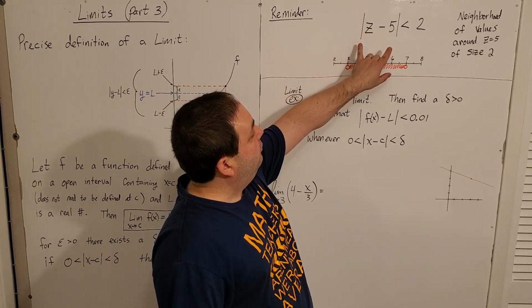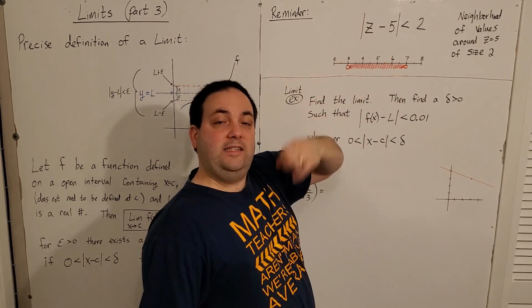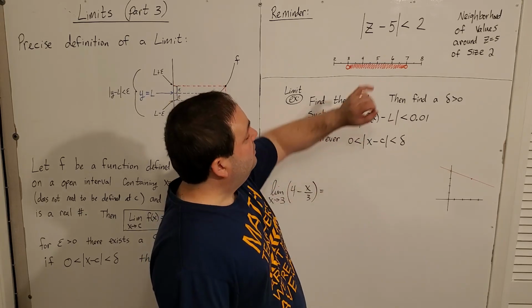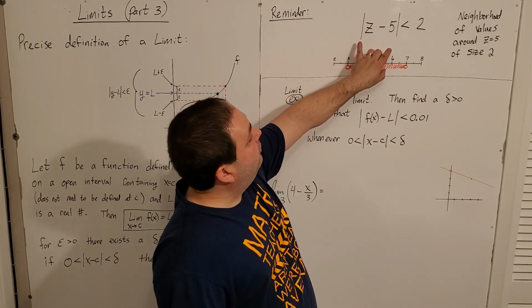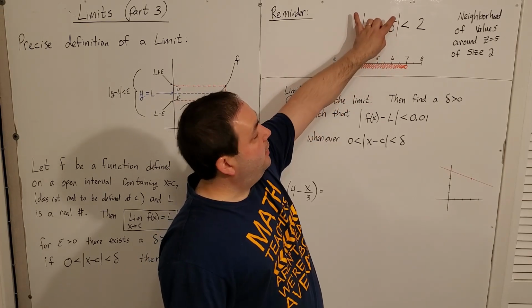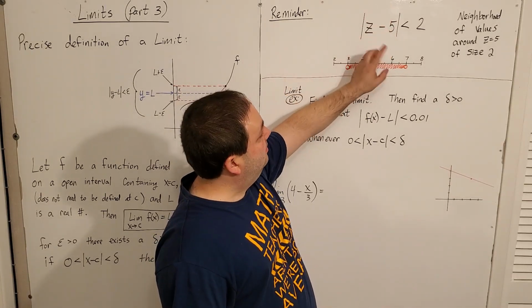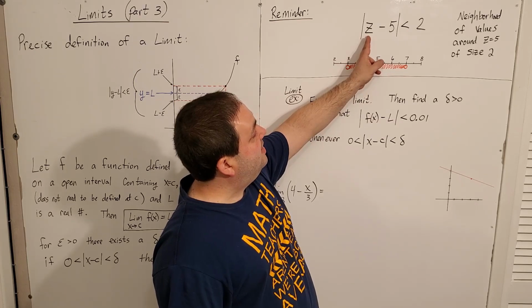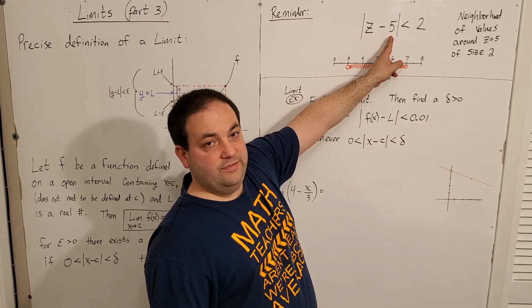An absolute value is used as a distance measurement. So if I write the absolute value of z minus 5, then I'm talking about the distance between some value z and the value 5.